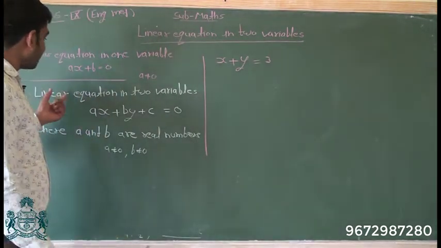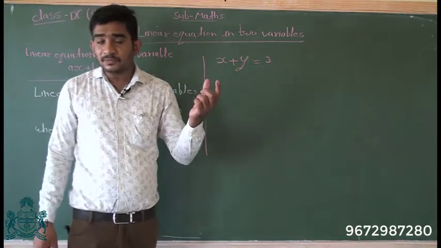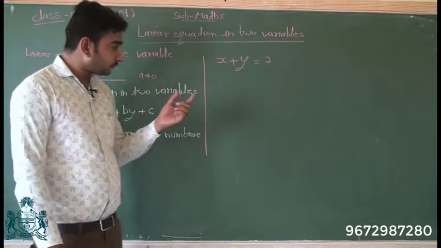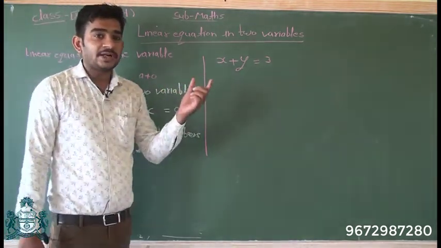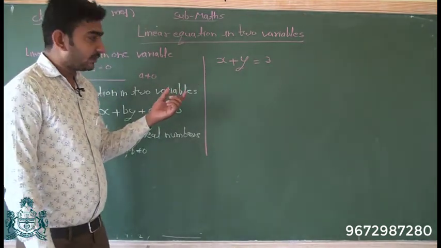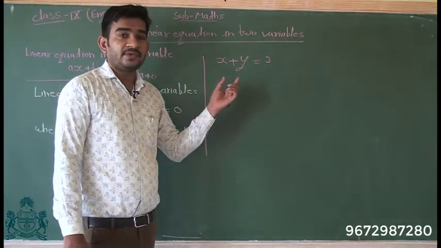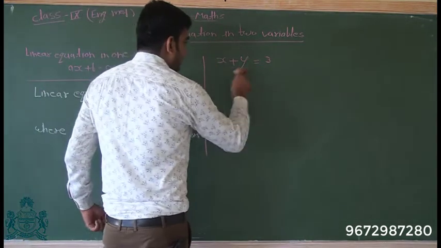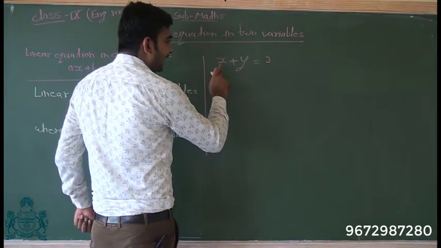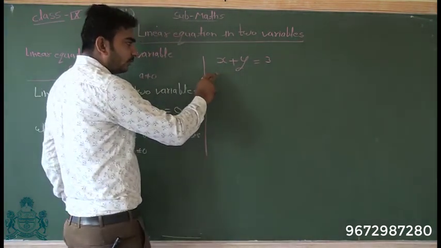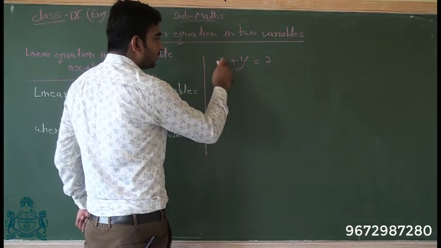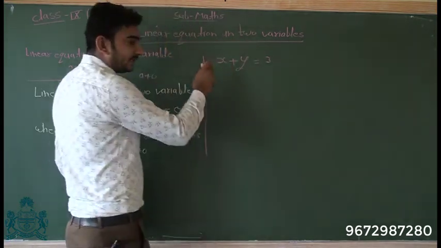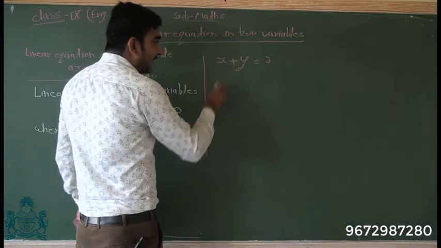The equation in which there are two variables of degree 1 is called a linear equation in two variables. In this equation, the two variables are x and y, the degree is 1, and an equal sign is used. So x plus y equal to 3 is a linear equation in two variables.